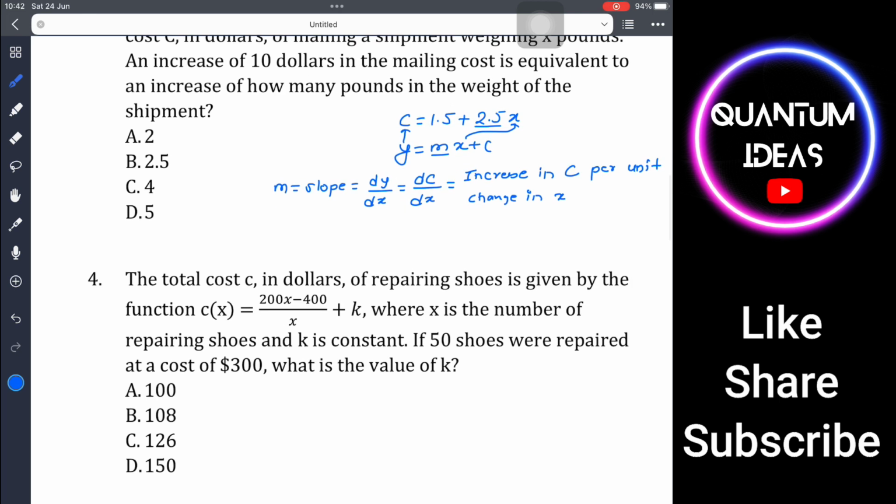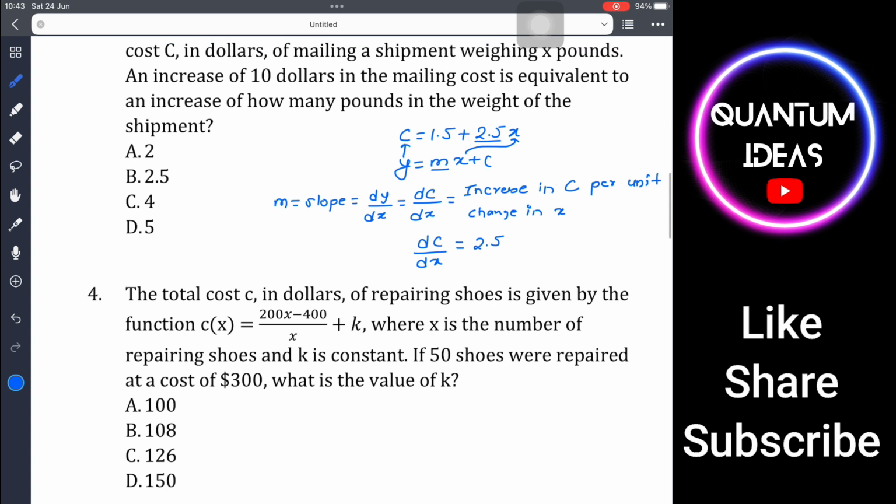So this is given the slope. The slope from the figure is 2.5, so dc over dx. Let's say there is an increment in c per unit change in x.